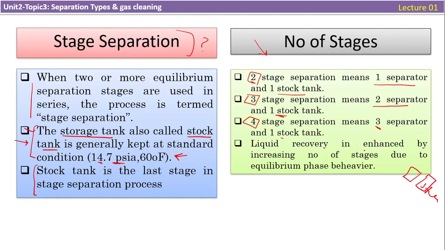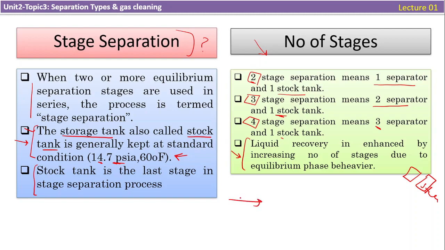So liquid recovery is enhanced by increasing the number of stages due to the equilibrium phase behavior. This is the reason why we are interested in multiple stages. So if you go for two stage separation, 3 or 4, there are many possibilities.